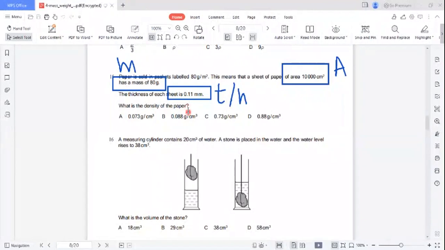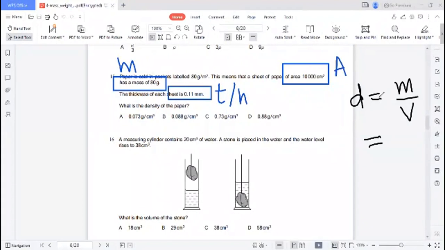We know that density, the formula for density is mass over volume. So mass is 80 grams and volume is base area into height or thickness.